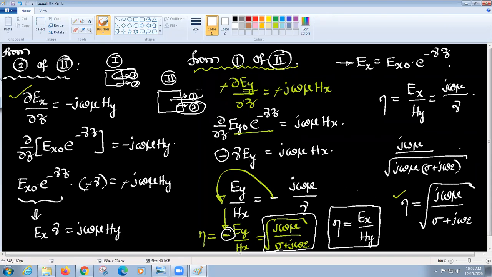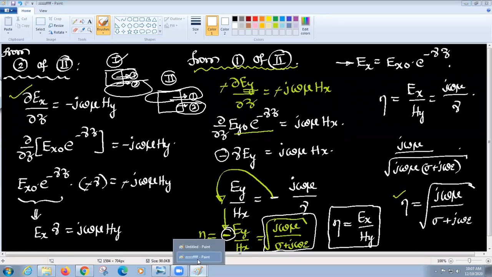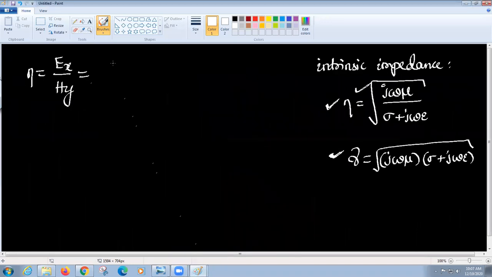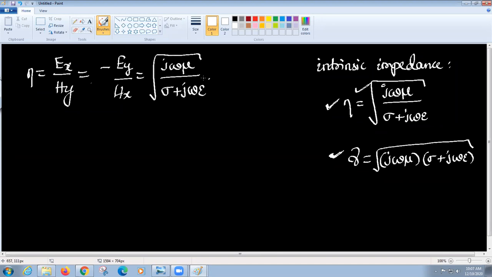If I take one of two or two of one, then we will get minus Ey by Hx for this square root. So in either case, I can combine these two and select this: eta is equal to Ex by Hy, which is equal to minus Ey by Hx, which is equal to square root of j omega mu by sigma plus j omega epsilon. That's it.